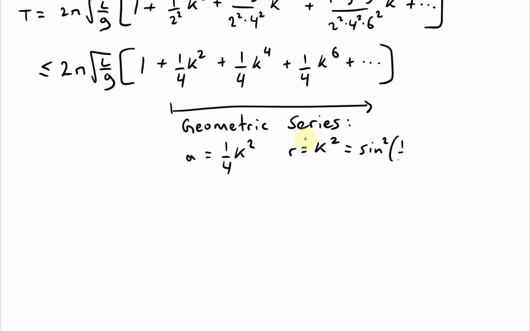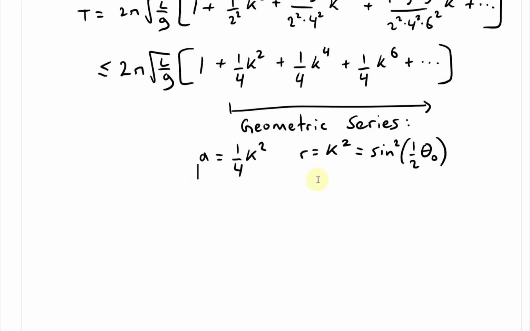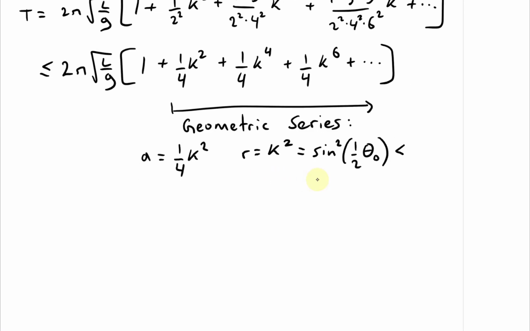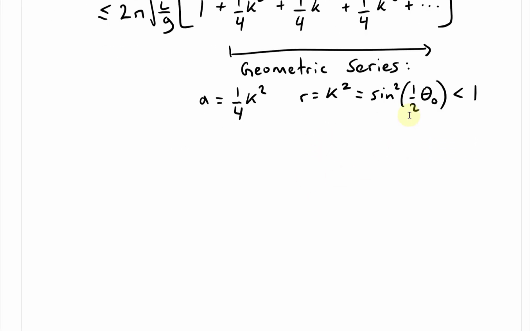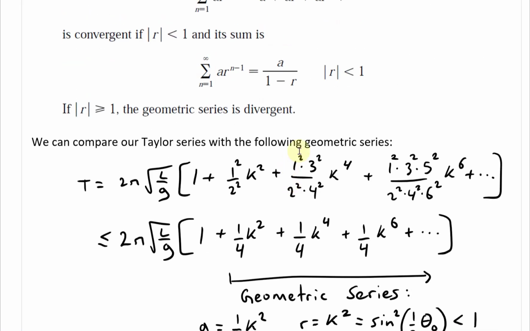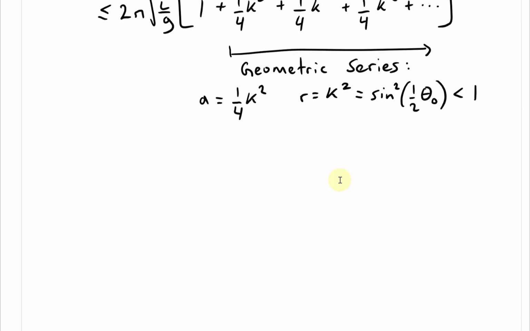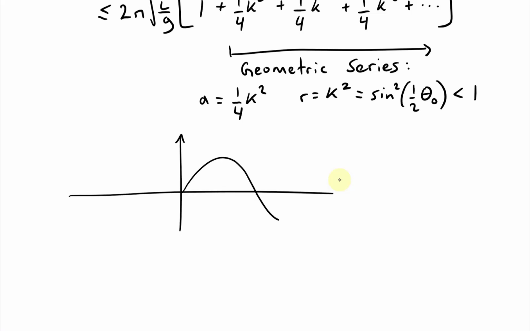Now this part is convergent, since it's going to be less than 1. We get to assume that we don't have angles of 90 degrees, and we will graph this out. So this part right here is less than 1, so it's convergent for this domain. And again, recall the sine function, you'll have sine like this, etc.